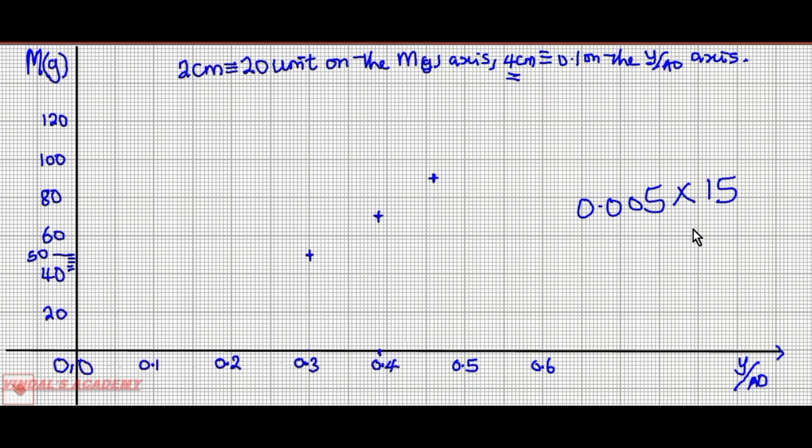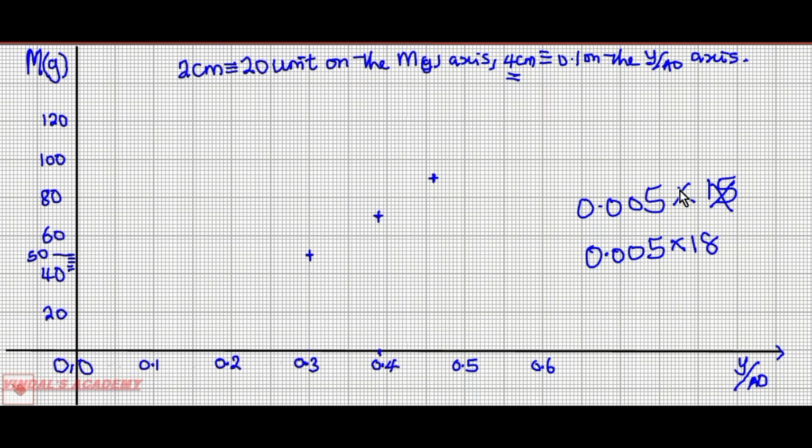Let's say 15. Can 15 help us? No, 15 cannot. I need to get 0.09 so that when I add 0.4, I can have 0.49. So it should be 18 lines. 0.005 times 18 should give me 0.09.